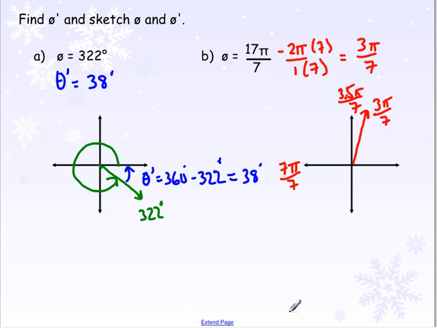Okay, so that is my original angle right there, 3 pi over 7. Okay, well, reference angle would be from where this ends, the quickest way back to the x-axis. Well, which way is quicker, going this way to the x-axis or going this way to the x-axis? I think this way is the quickest way, the shortest way. So that angle is 3 pi over 7. That's your reference angle.